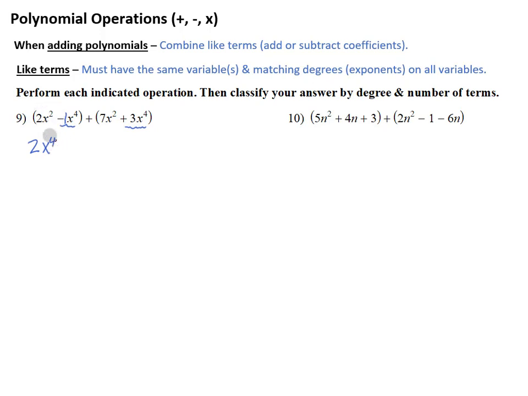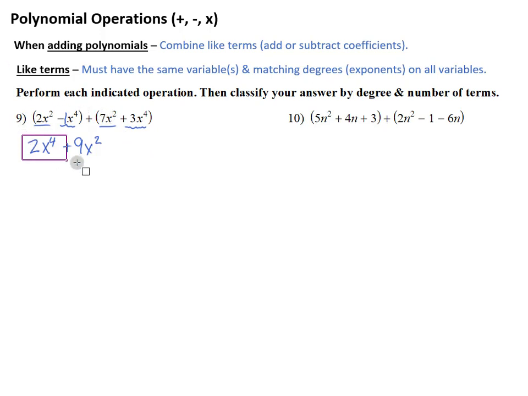Okay, next up, we'd see if there were any x to the 3rd terms. That would be the next exponent down, right, from our highest. There aren't any. There are some x squareds, though, so let's go to combine those. 7x squared and 2x squared, when I add them together, gives me 9x squareds. We don't have any x to the firsts or any constants. That's what we'd be looking for next, but this is our answer.